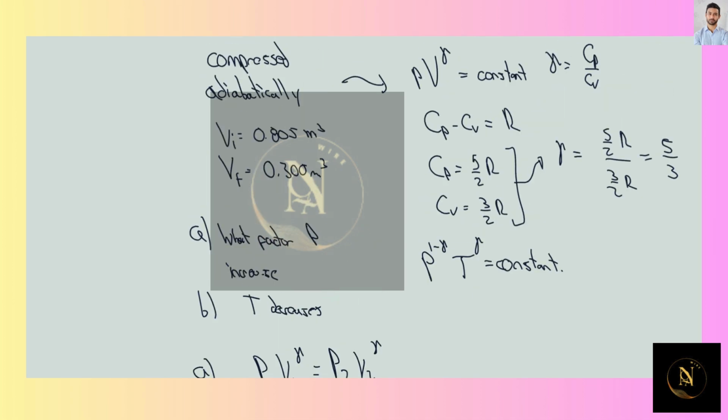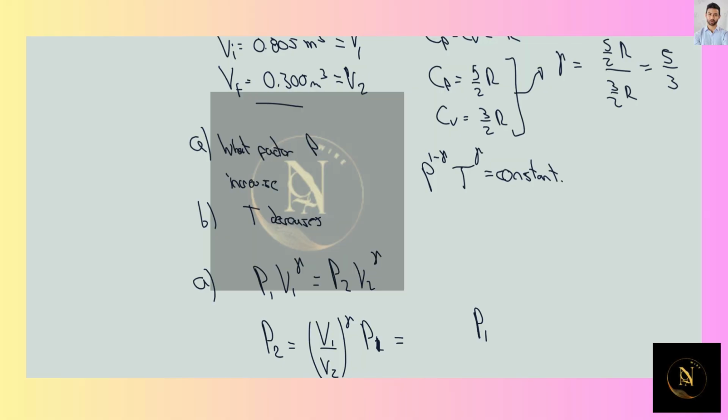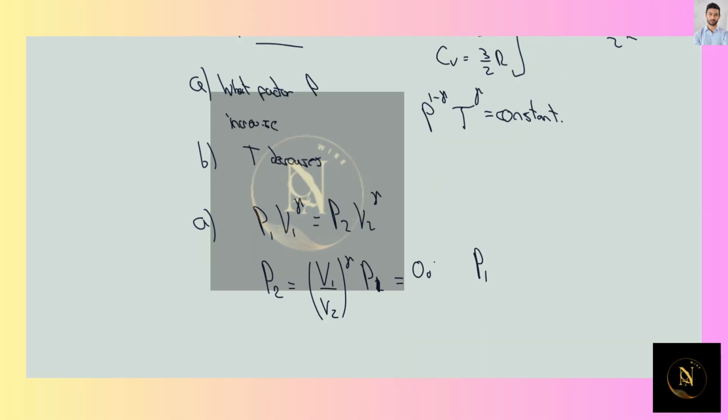In this case, V2 would be 0.3 and V1 would be 0.805, so this would be 0.805 over 0.3, and all of this to the gamma factor that we just calculated.